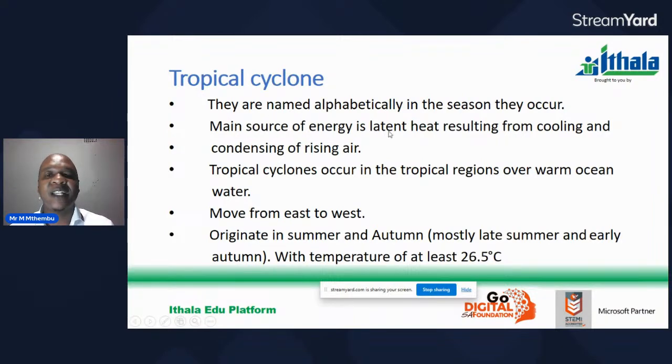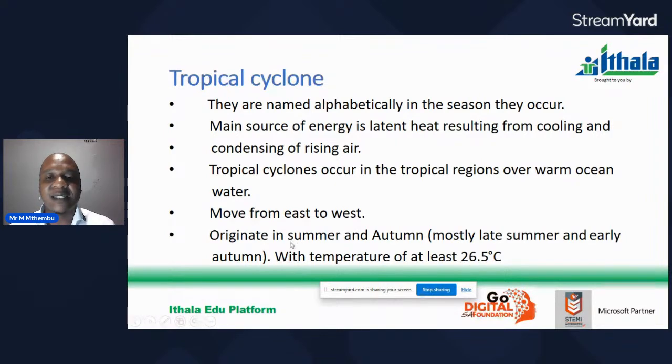Okay, the main source of energy is latent heat resulting from cooling and condensation of rising air. Remember, grade 12, tropical cyclones occur in the tropical regions over warm ocean water. The system moves from east to west where it dissipates.